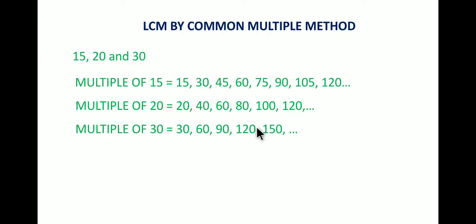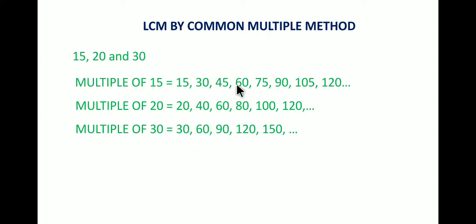So here if you go through the common multiples that you see in all these three numbers, 30 is present out here and here, but it's not present in case of the number 20. So 30 cannot be taken as the common multiple.